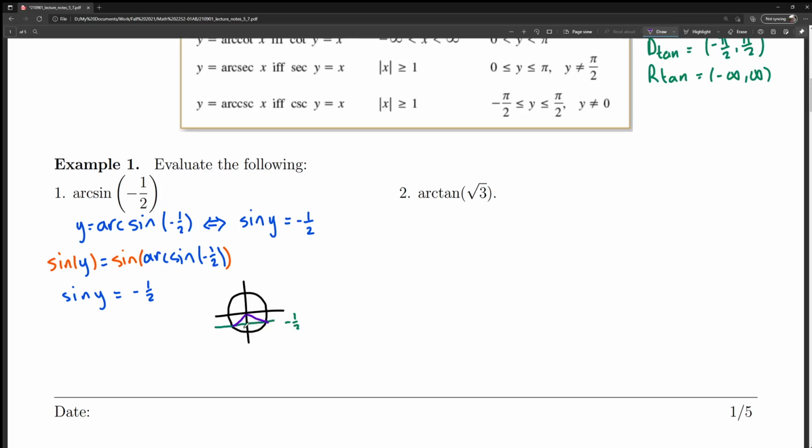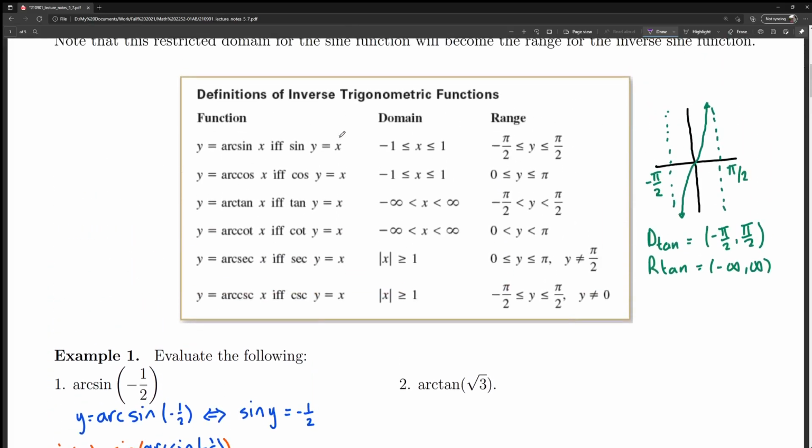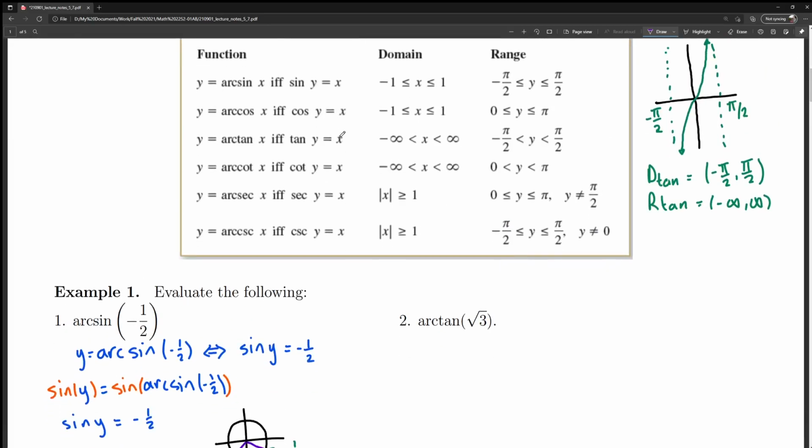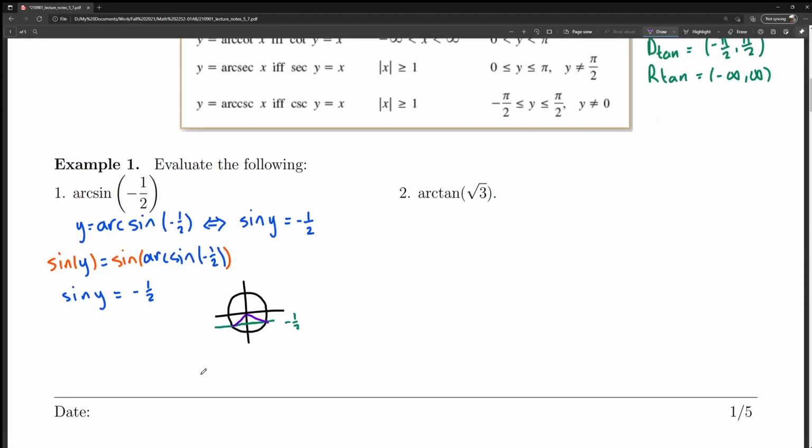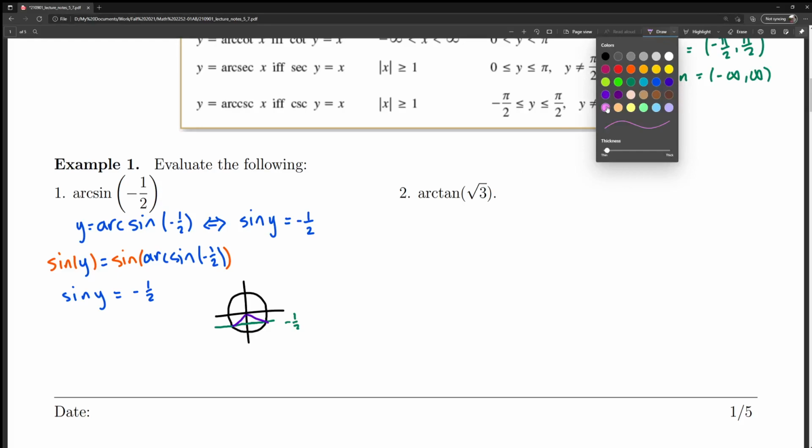Now, we do know that the restricted domain of the sine is negative pi over 2 to pi over 2. So basically, the arcsine only lives on this side of the unit circle.